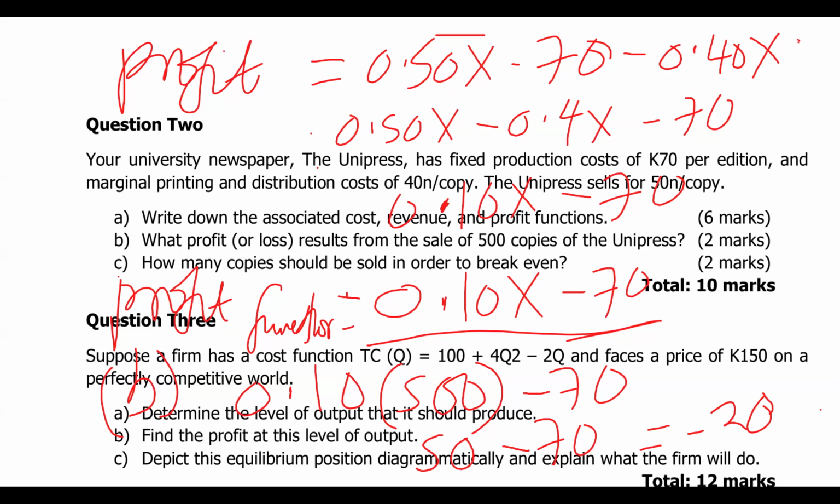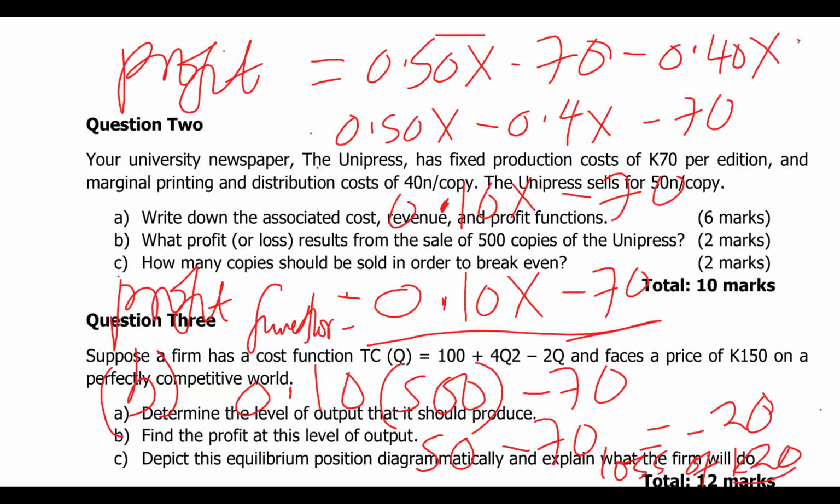So if you sold 500 copies, you make a loss of 20 kwacha. Okay, that's the conclusion. The sale of 500 copies gives a loss of how much? Of 20 kwacha. It's a loss of 20 kwacha. That's big.